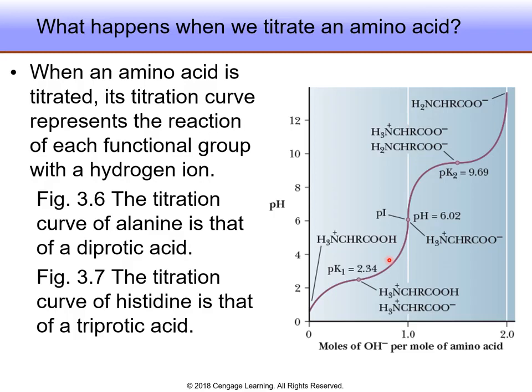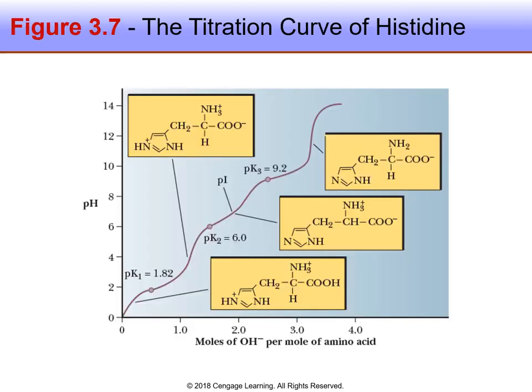Now if we see the next figure here, it is the titration curve of histidine, and it is that of a triprotic acid. Histidine has 4 ionizable forms.